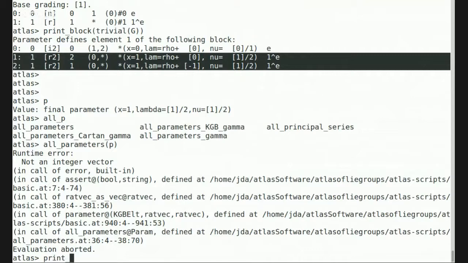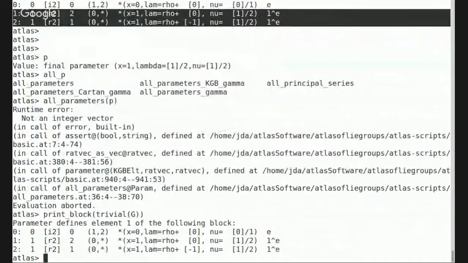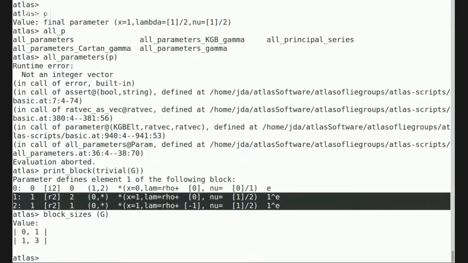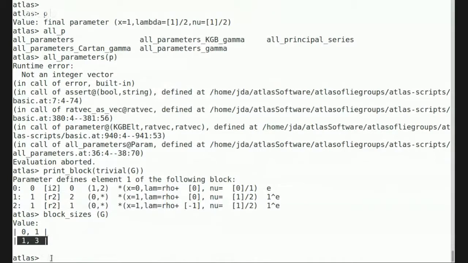The only point I wanted to make is, let's look at this block again. Print block of the trivial of G. I mentioned that it has these two principal series in it, and block sizes of G. You see that this group, on the second row here, has 4 representations with infinitesimal character rho. 3 of them are the ones we're looking at here.